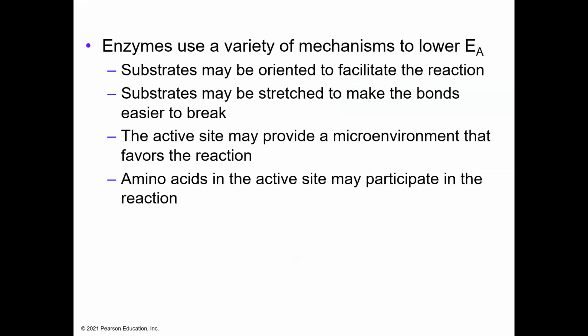Enzymes use a variety of mechanisms to lower the activation energy. Substrates may be oriented to facilitate the reaction. Substrates may be stretched to make the bonds easier to break. The active site may provide a microenvironment that favors the reaction. Amino acids in the active site may participate in the reaction.